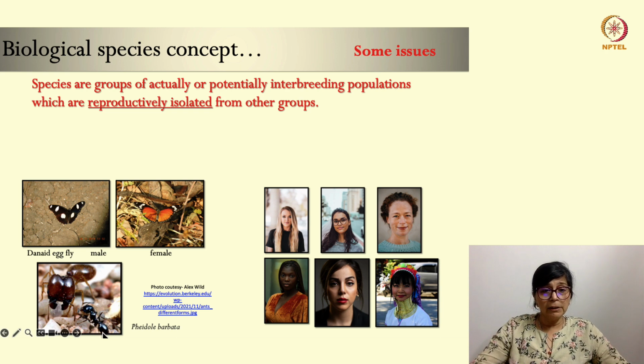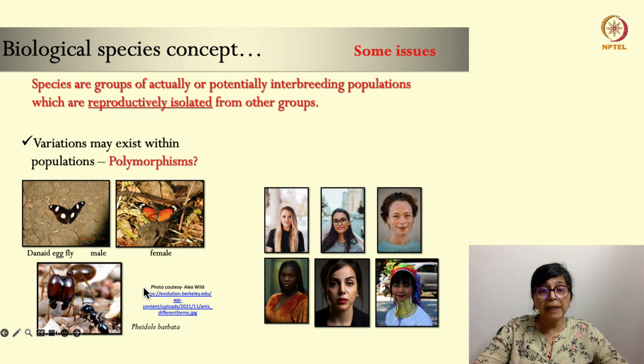So these are different types of variation that may exist in a population, what we call polymorphisms. This is sexual dimorphism and this is functional dimorphism, right? This is male and female, they look separate. This is the worker and the queen, or drone and the queen. They are functionally different, so they look different.